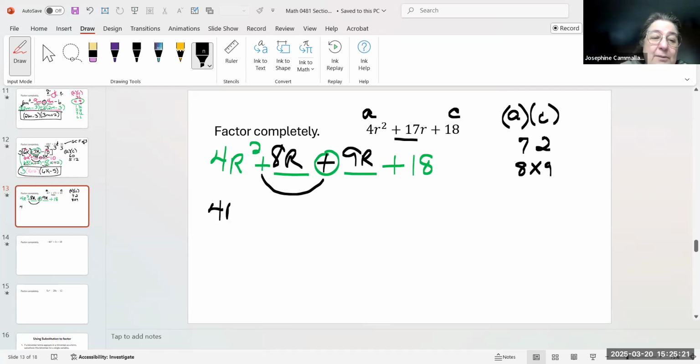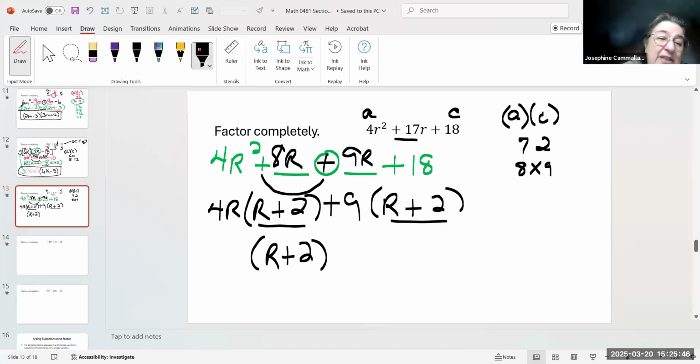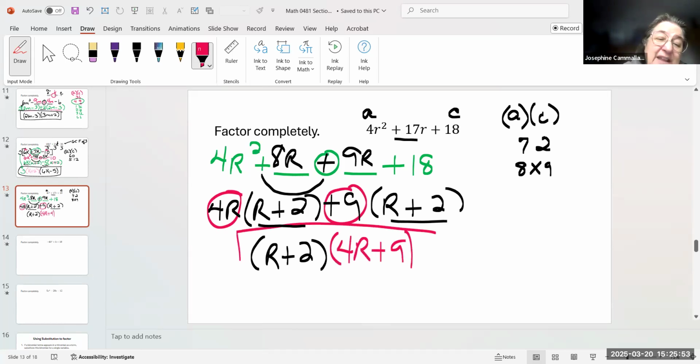This is 4r. r plus 2 plus, now remember, I want an r plus 2 here. That means I'm dividing by the greatest common factor of 9. These two parentheses must be the same, leaving me with the 4r and the positive 9. This is my answer.